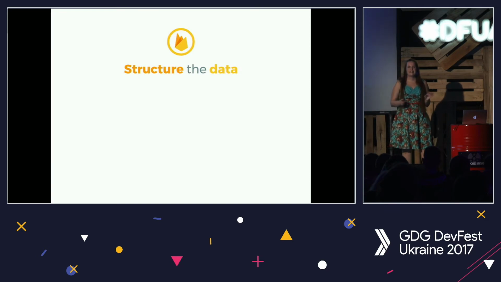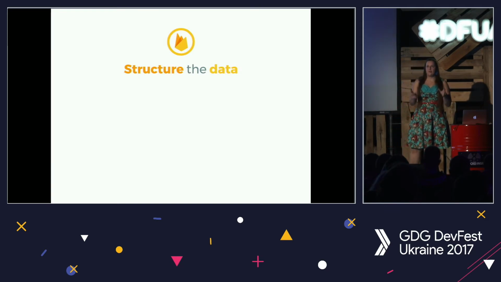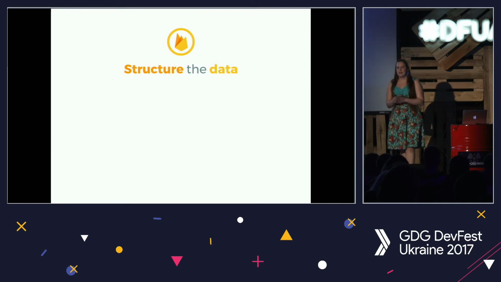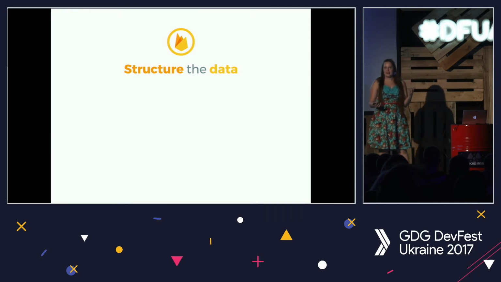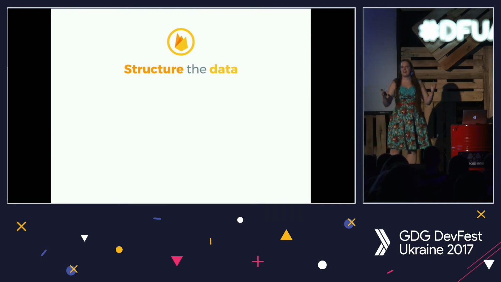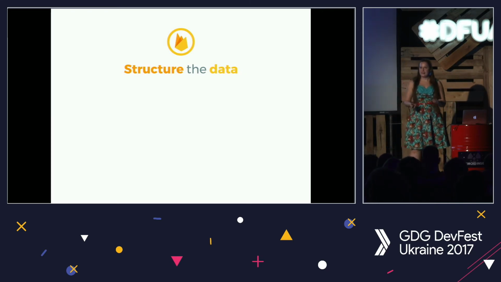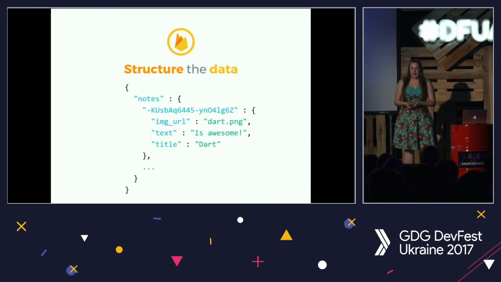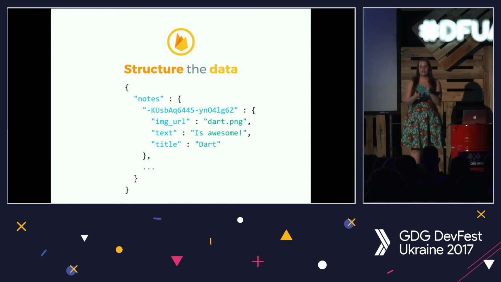Second, let's take a look at the database. If we want to post some data to the database, we need to first decide how we structure the data in the database. Firebase Realtime Database is using JSON to store the data. So we have to think about how we are able to store our nodes into the JSON. So let's say we'll have a nodes key there, and every node has a key.